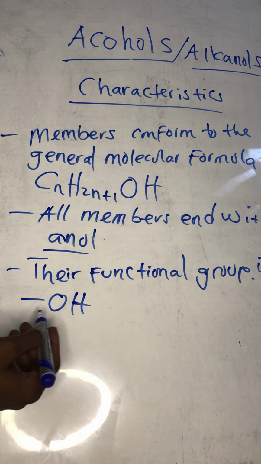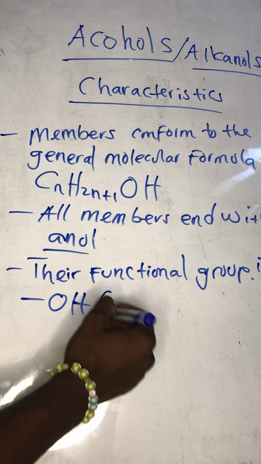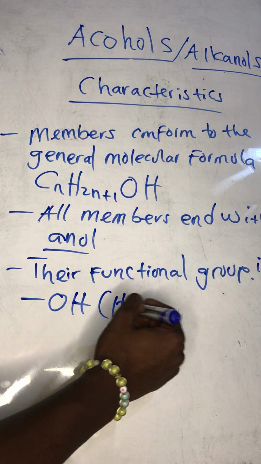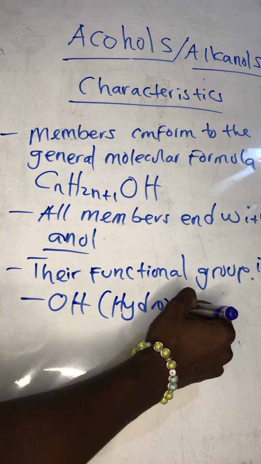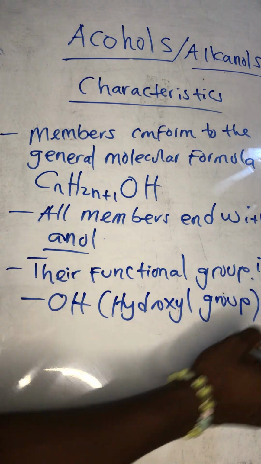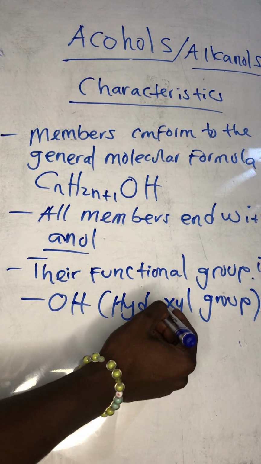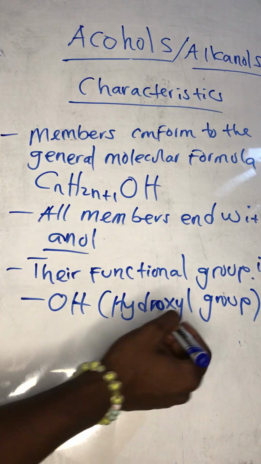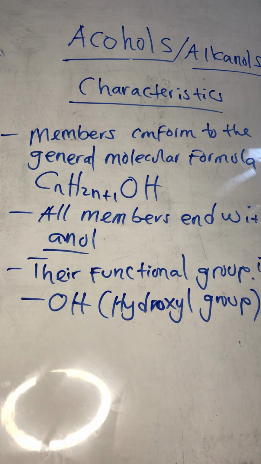Now this OH is what we call the hydroxyl group. It is what we call the what? The hydroxyl group. This is R, O, H. So their functional group is the hydroxyl group, OH. So OH is the functional group of the alcohols.